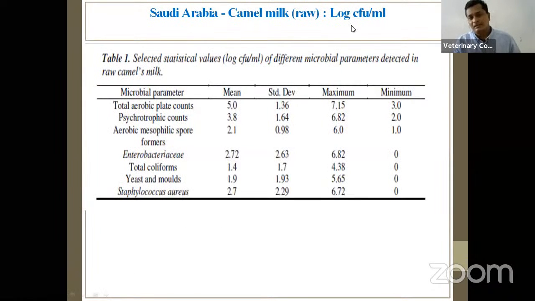Saudi Arabia also, don't look at the numbers here because this is only to indicate to you. It looks in terms of camel milk. In Saudi Arabia we have camel, otherwise rest all milk is imported. So total aerobic count, psychrotrophic count, aerobic mesophiles, Enterobacteriaceae, Staphylococcus aureus, and some yeast and mold they look for.